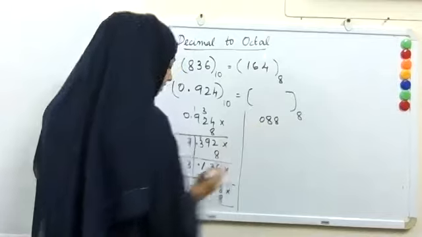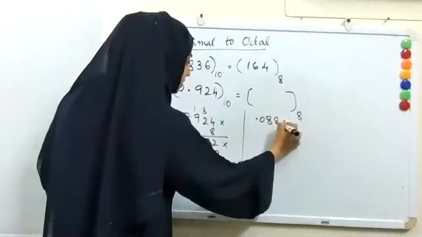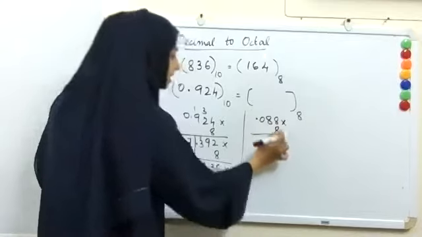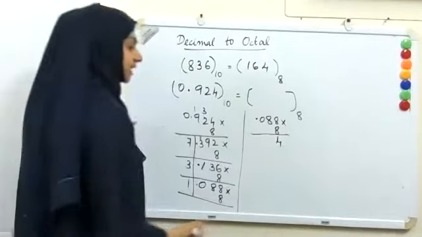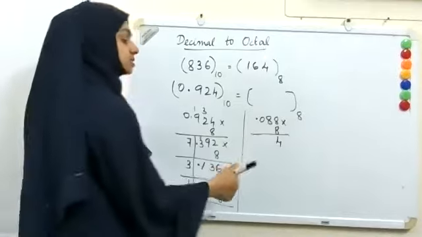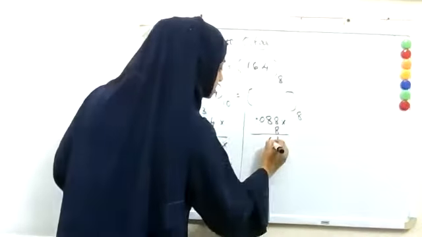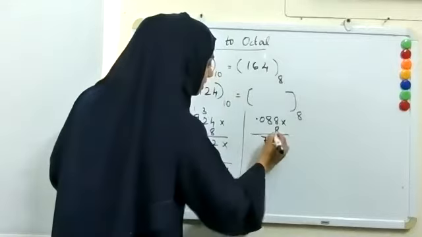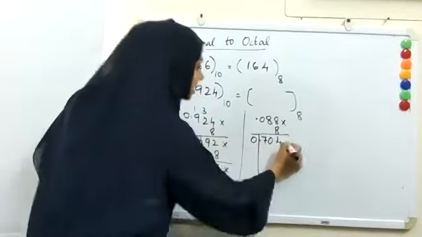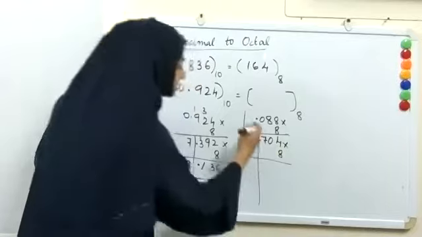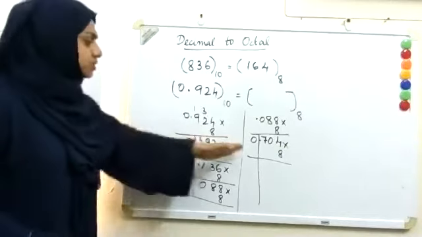Maybe we will continue with that. So I'm just putting this one and multiplying with 8. 8 8s are 64, 6 balance, and 8 8s are 64, again 6 balance, so it will be 70, 0, 7. 8 zeros are 0, so nothing here, 0. Again, you can multiply with 8 and go on like this, but I'm going to stop here.